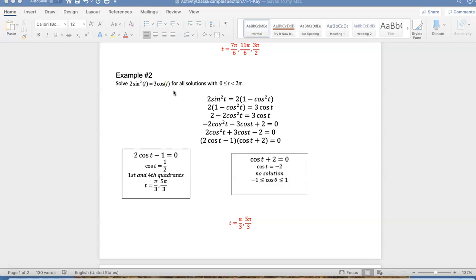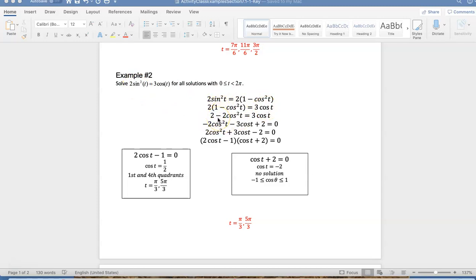Okay, well, first of all, 2 sine squared t is 2 times 1 minus cosine squared. So I took this and replaced 2 sine squared with it. So this step is back up to here, so I brought the 3 cosine t with me.